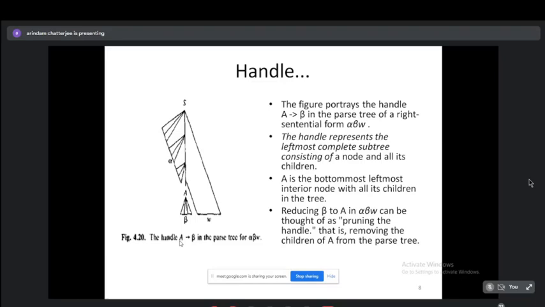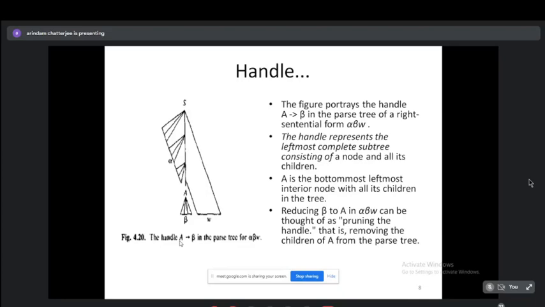So the figure portrays the handle A producing beta in the parse tree for a right sentential form alpha beta W. The handle represents the leftmost complete subtree consisting of a node and all its children.